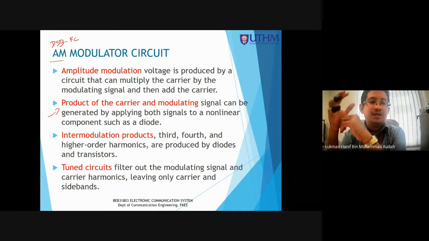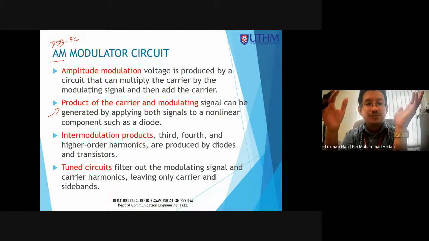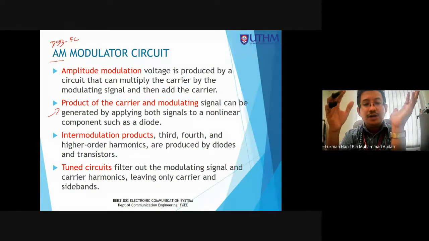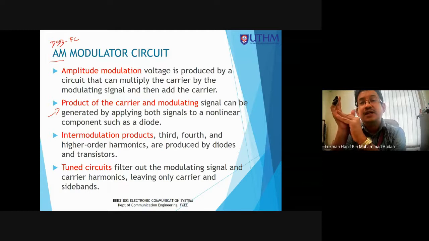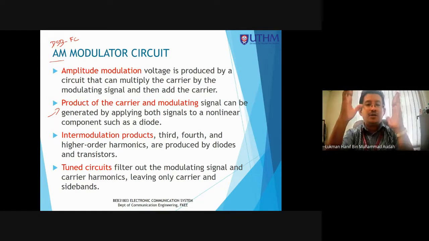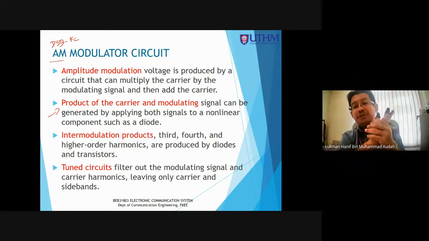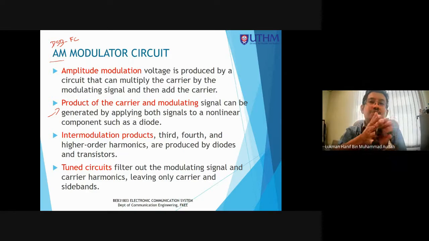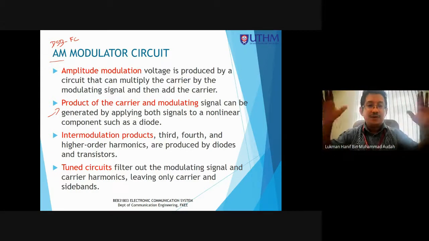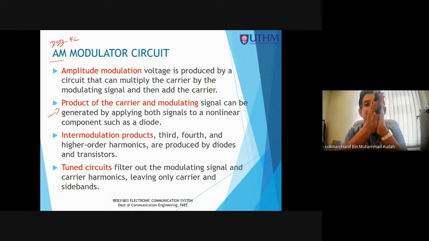Okay, intermodulation products. Okay, intermodulation products, we have third, fourth, and higher order harmonics are produced by diode and transistors. So tadi kita belajar bahawa double sideband full carrier dia ada tiga komponen, lower, upper, and carrier component. Sebenarnya dalam proses modulation dia juga akan menghasilkan harmonics. Okay, harmonics itu wujud, dia masih ada, tetapi nilainya kecil dan dia boleh dibuang.